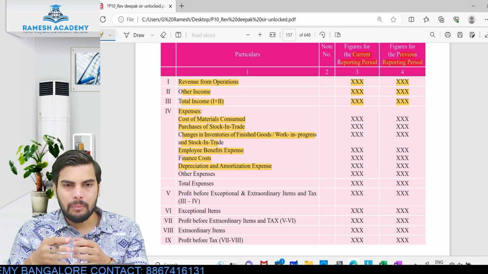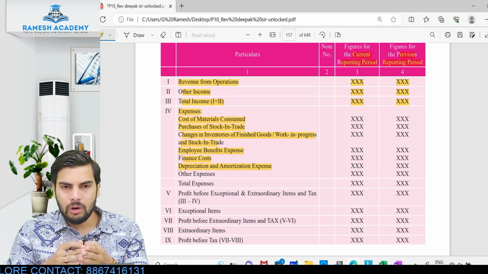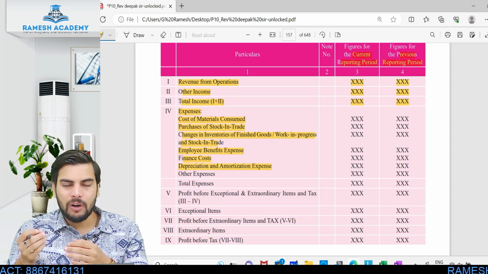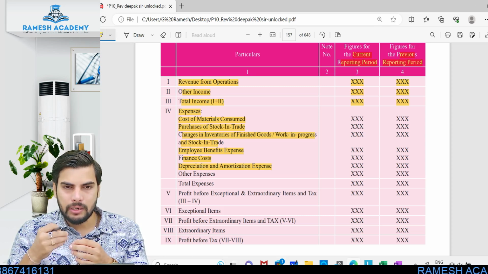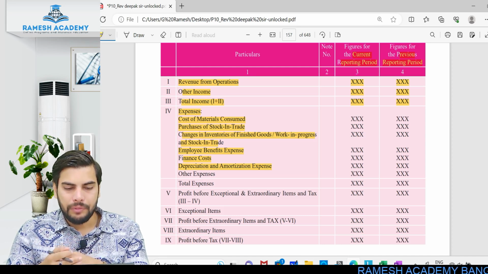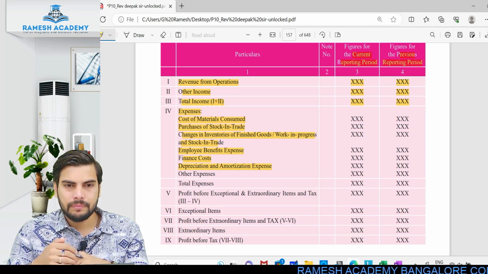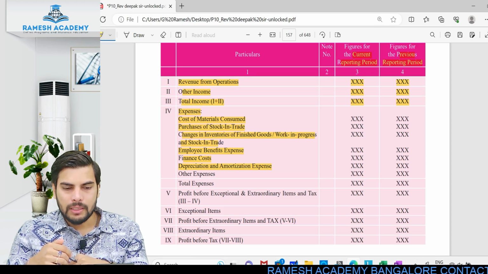Intangible fixed asset, there might be quite a few intangible fixed assets like goodwill, patent, trademarks, copyrights. So all these things are intangible fixed asset. If at all the value of these assets are reducing, decrease in the value of intangible fixed asset, that would be treated as amortization. Is this clear? Hope you guys understood this.